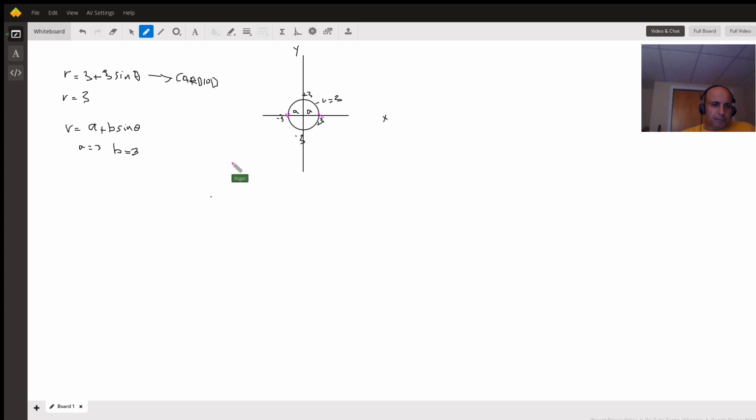And if we take a over b, equal to 1, this means that a minus b is equal to 0, 3 minus 3 equals 0, which means that the cardioid also will pass through this point. And also a plus b is equal to 6.